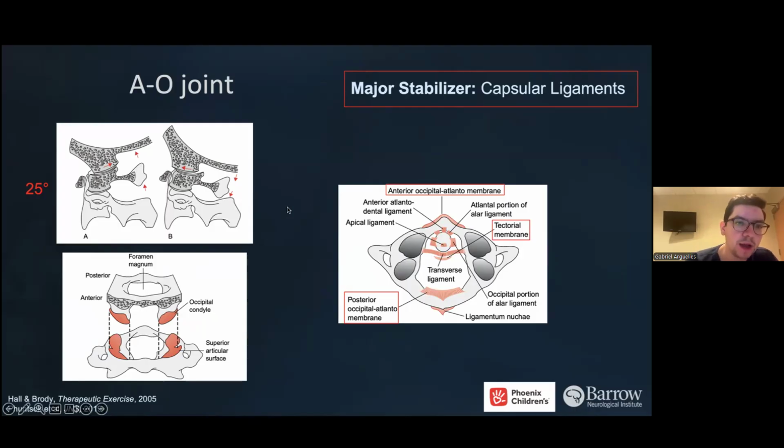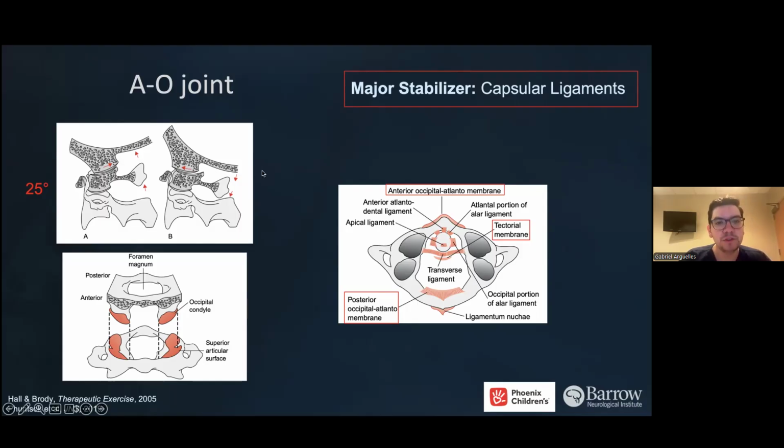vertebral level. On the top left, you see some of the anatomy of the interface of the joint itself. The main learning point for this part is looking at the concave and convex relationship between the condyle, which is going to be convex, and the C1 superior articulating facet, just superior to the lateral mass of C1, which is going to be concave.